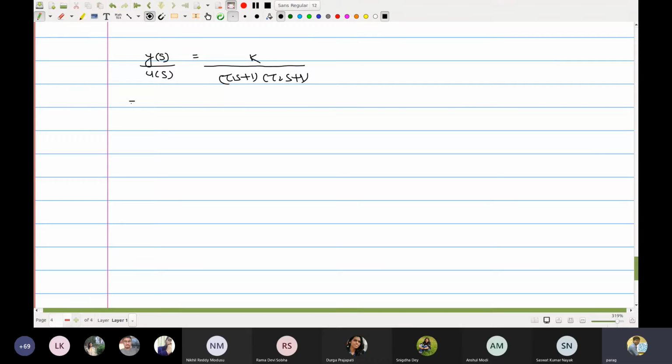Right? So therefore y of t would be the Laplace inverse of k upon s, tau 1 s plus 1, tau 2 s plus 1. Right? This would be the Laplace inverse of this entire unit step input.